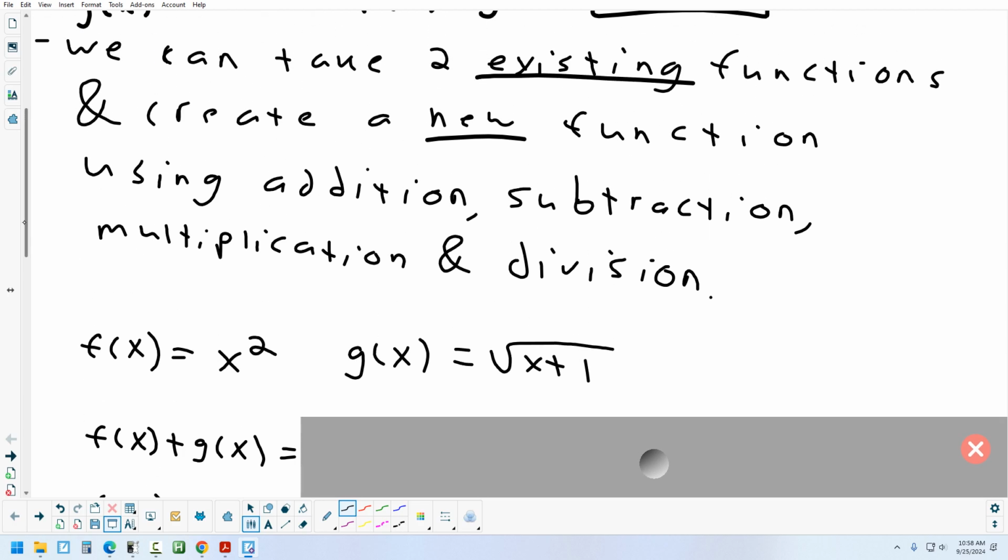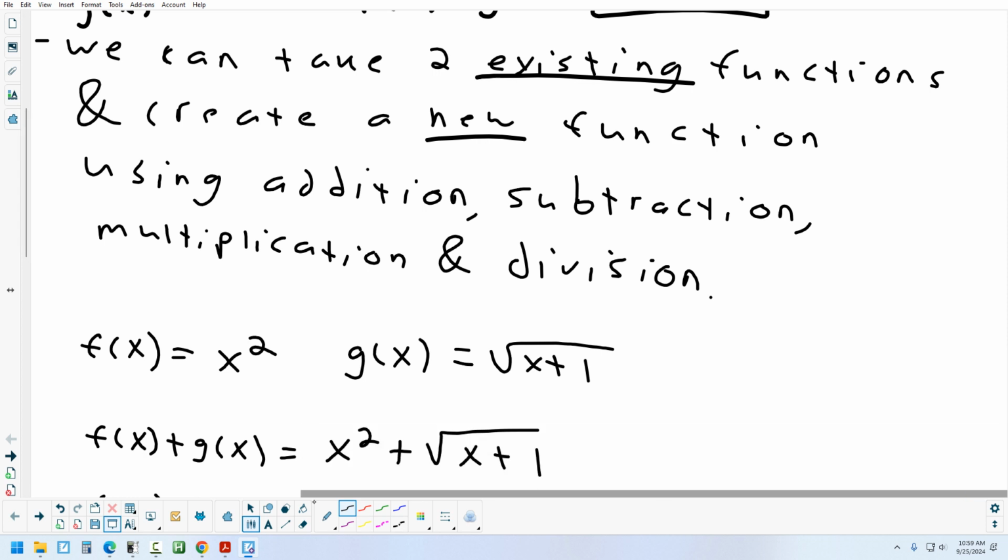Since they are not like terms, can I combine them together when I add them? What do you think? Juliana, what do you think? No. So when I want to create a new function by adding these two together, I would literally just write down the first one plus the second one. There is no way to combine those together.